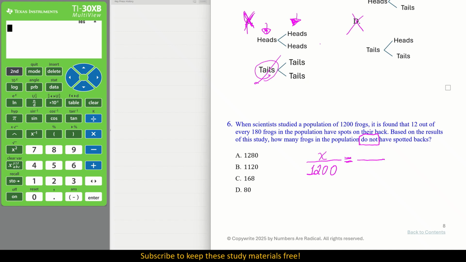That's a lot of frogs to look at, so let's have somebody go out and look at a total of 180. However, out of that population, we're not asking how many have spots, but how many do not have spots. So that would be 180 minus the 12.